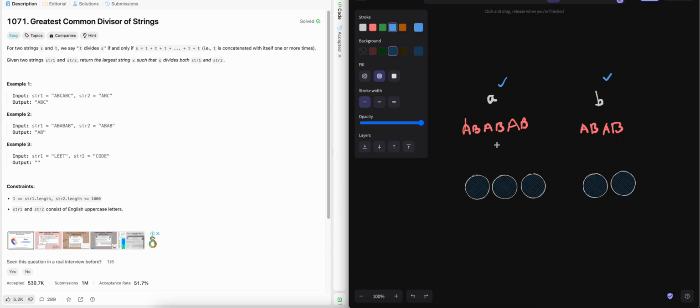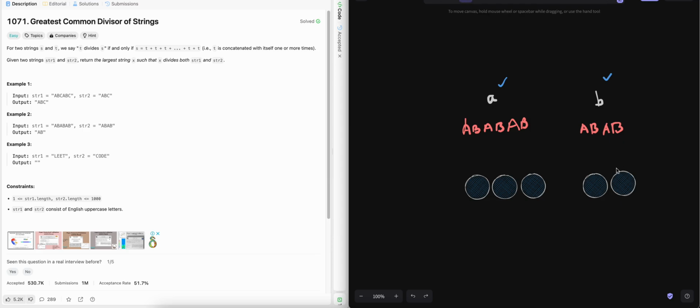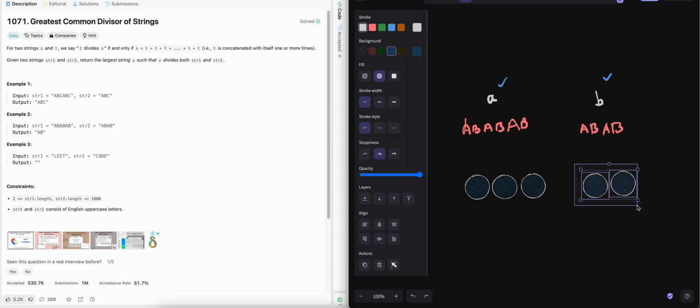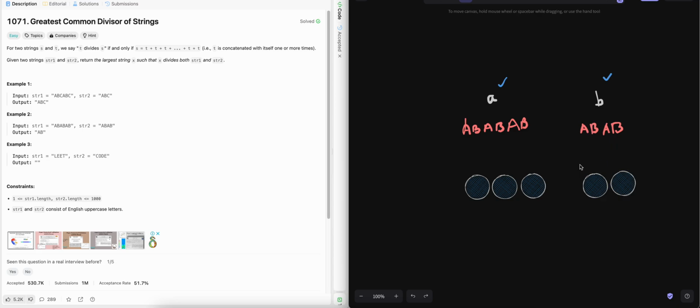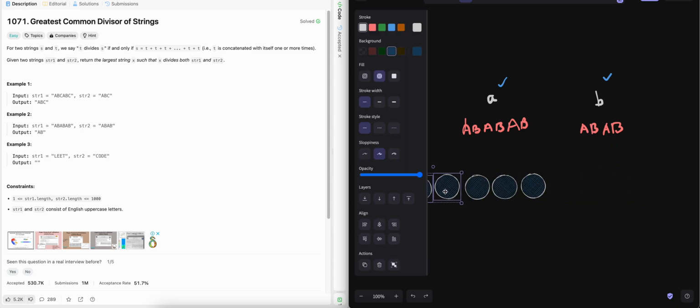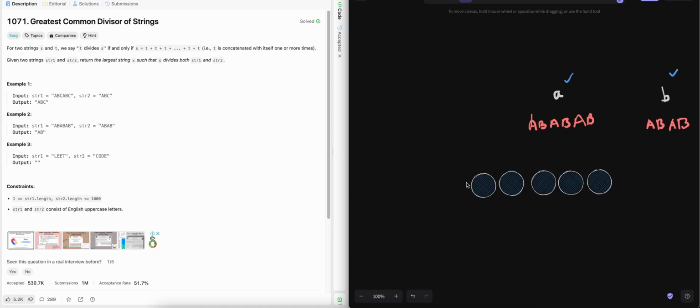Now, how can we validate that what's being said is correct? If the smaller component is repeated multiple times to form string B, let's say AB, these circles represent the smaller components, and the same component repeated three times forms string A. If that's correct, then if I add the B string in front of the A string, it won't change anything, because all the components are similar.